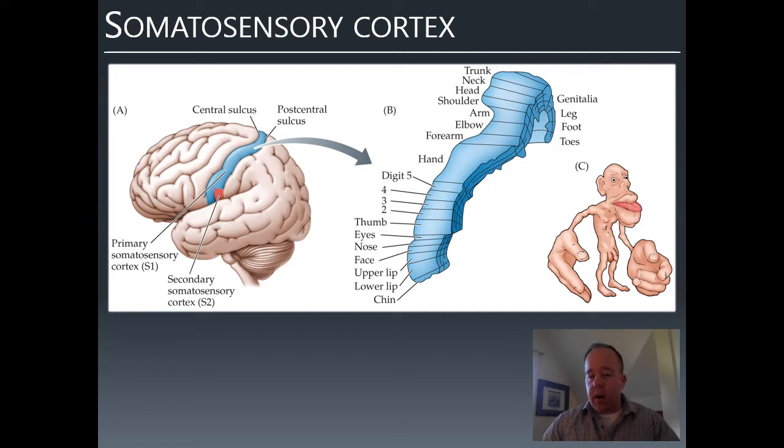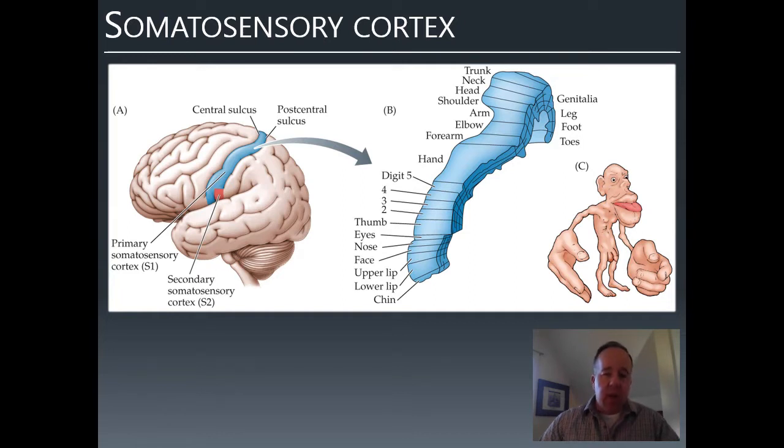So the hand area of the gyrus is very big. The lip part of the gyrus is very big relative to the size of our actual lips. The leg portion is not very big, even though relative to our body size, our legs are a fair amount of our volume.